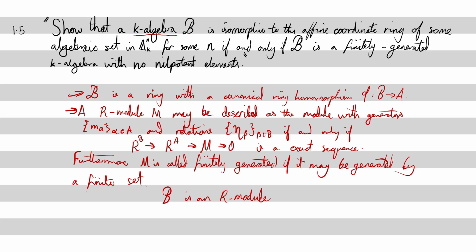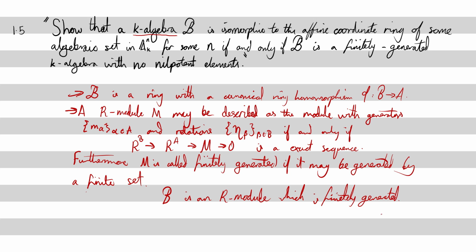If you want to see why commutative algebras over commutative rings are modules, go and watch my journals videos. But right now, B is an R module, which is finitely generated.